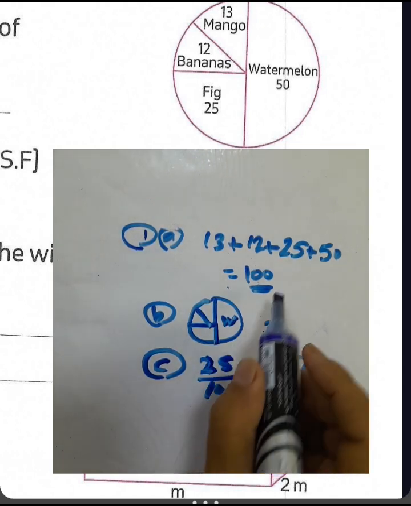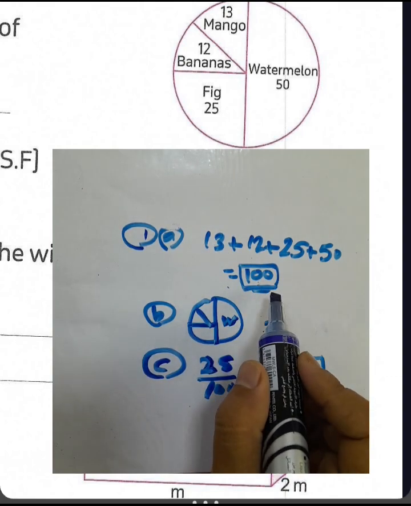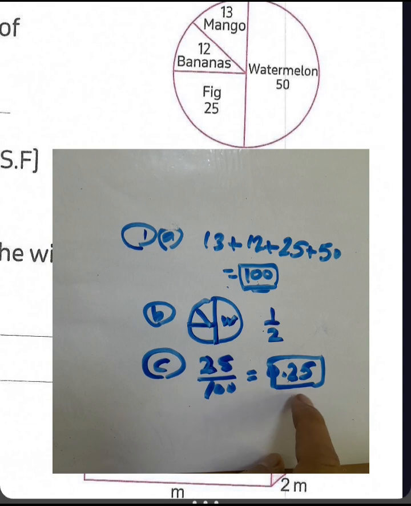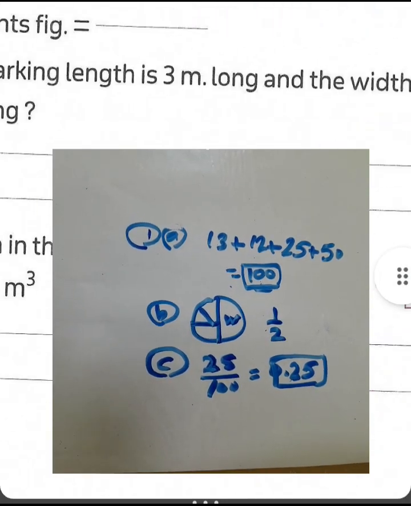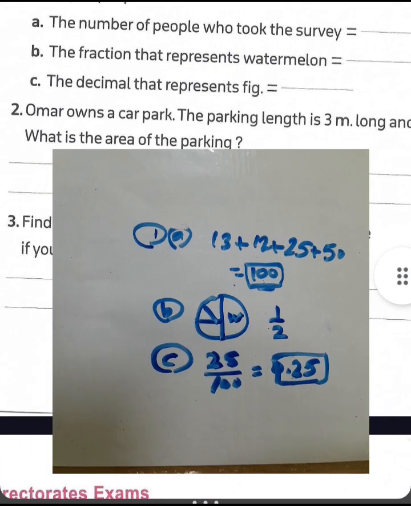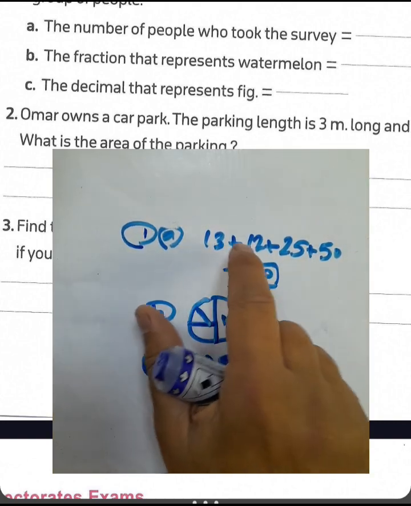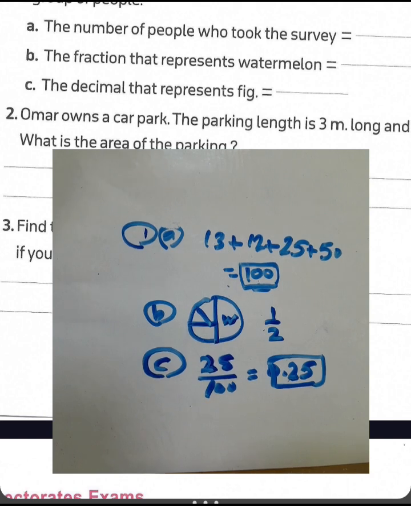Again, 25 from the sum of all of them, 100. 25 over 100 will be 25 hundredths. You can find the ratio between 25 and the sum of all of them, the number of people who took the survey, 100. 25 divided by the number of people who took the survey, 25 over 100 will be 25 hundredths. Put the point after two places. The answer here was letter C.